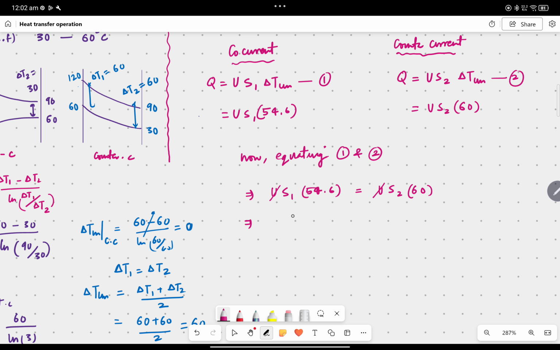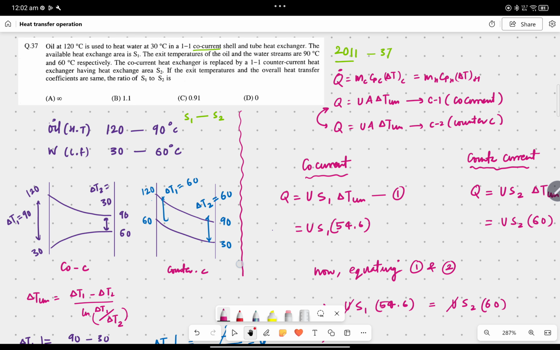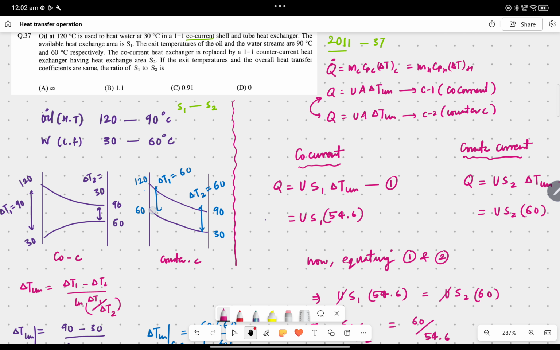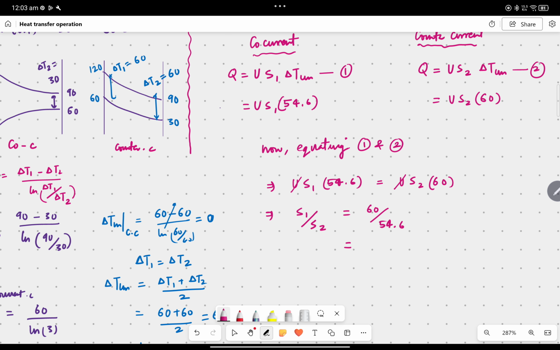That means S1 by S2, the ratio of S1 to S2 that is asked, is 60 by 54.6, which is 1.09, approximately 1.1, and that is the answer.